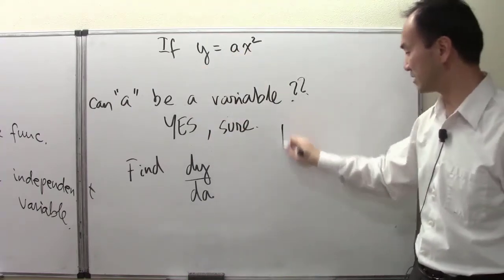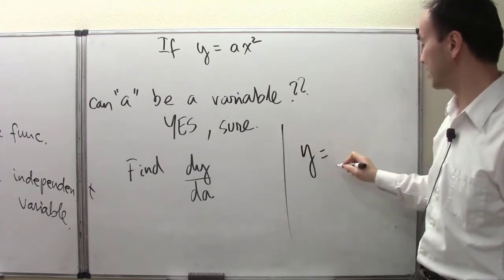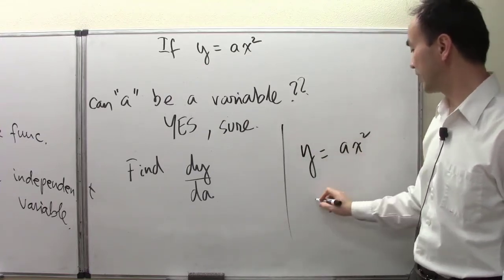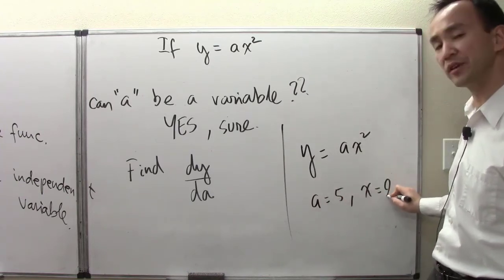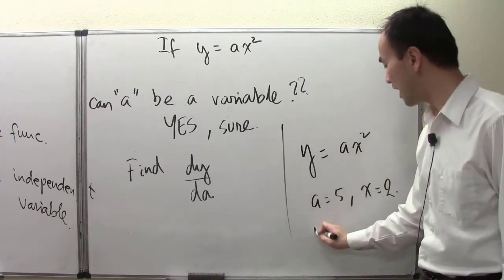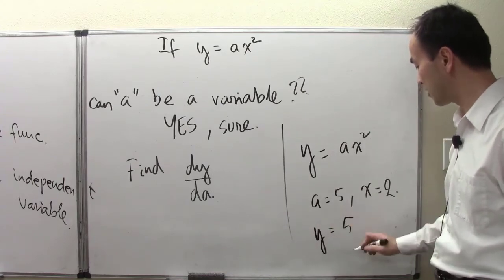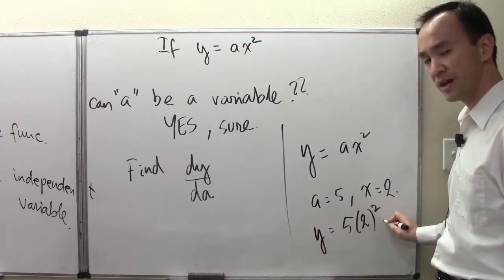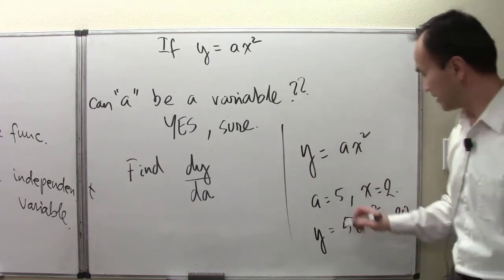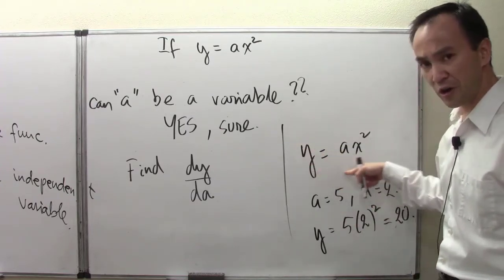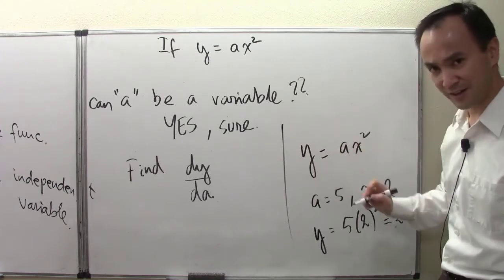So think about our function here, y equals ax squared. If we give a equals 5 and x equals 2 right here, then our y value is 5 for the coefficient times 2 squared. That gives me 20. Same general setup, same general formula.